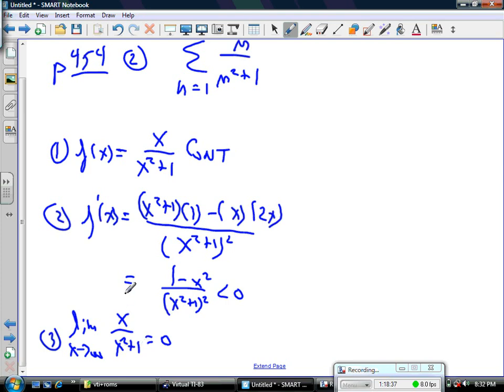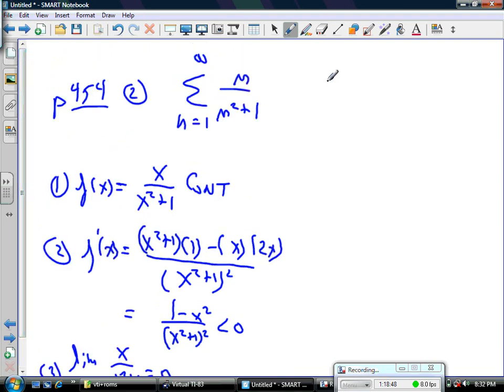It acts like x over x squared, which is like 1 over x, and 1 over x goes to 0. So the 3 criteria of the integral test are met. That means you can prove divergence or convergence of the series based on convergence or divergence of this integral.